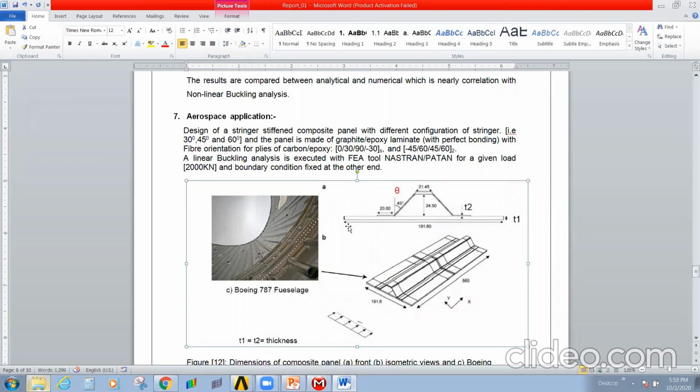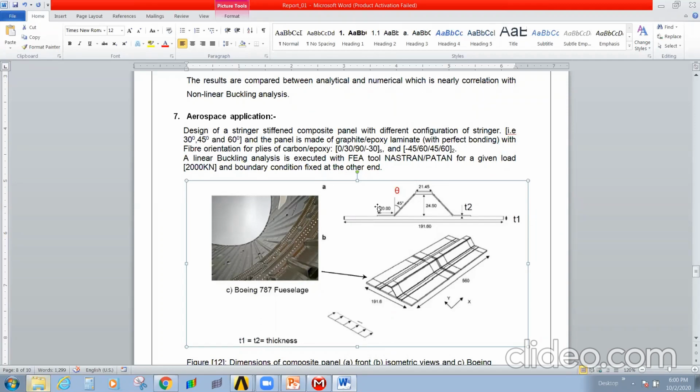Okay, this is what the fuselage stringer is. Typically in the older days this was made with aluminum alloy structures or lightweight metallic structures which have more strength, like typically titanium alloys or aluminum alloys.